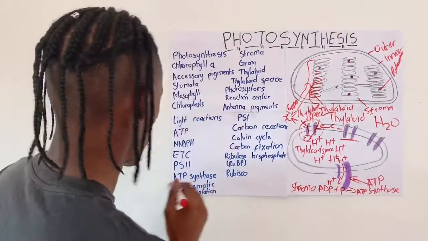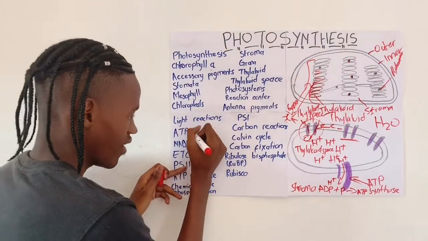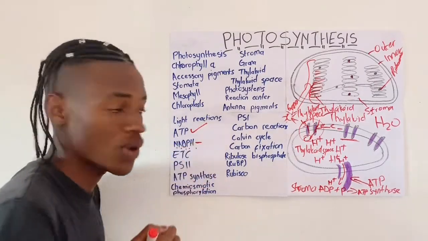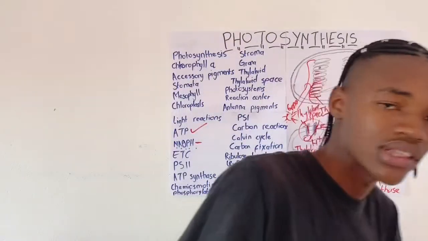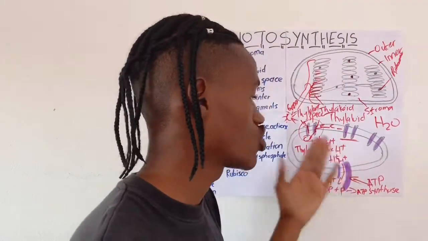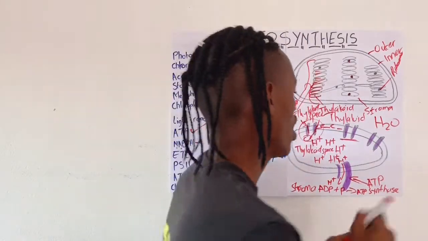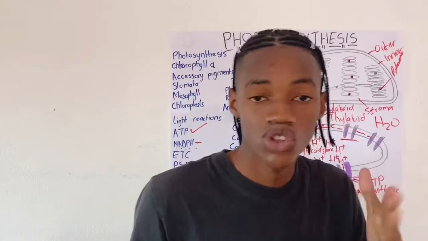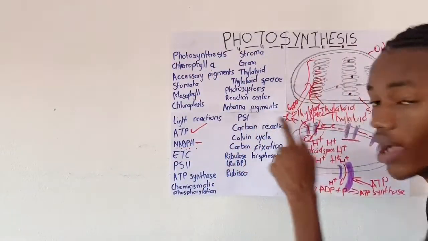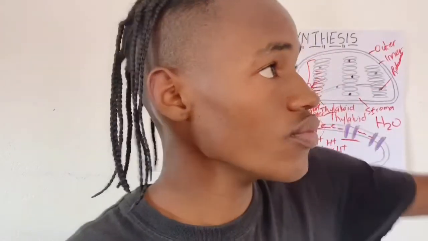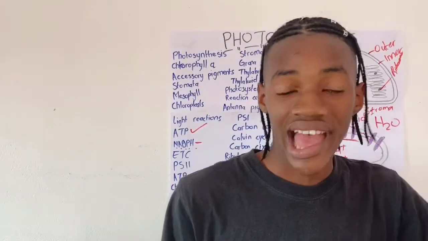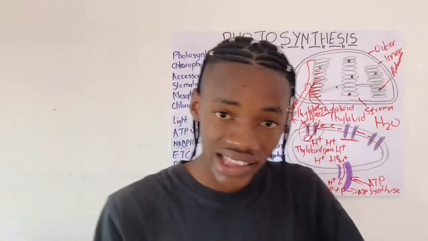ATP, but then we still need to make NADPH, right? So which is what happens. These electrons pass through to the next protein, and then they go over to the next protein, right? When they get to the protein that has photosystem 1, PS1, that is where antenna pigments capture more light from the sun.